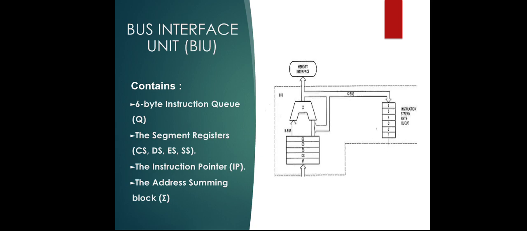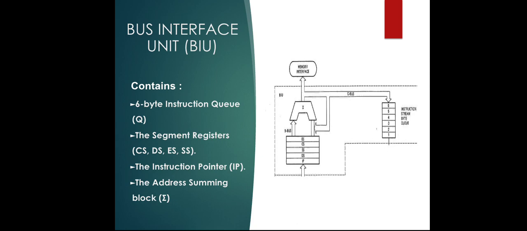The code segment register stores the starting address of our program. The data segment register gives the starting address of the data, the extra segment register is also an additional segment for data, and the stack segment register gives the top of the stack value which is ready for execution.